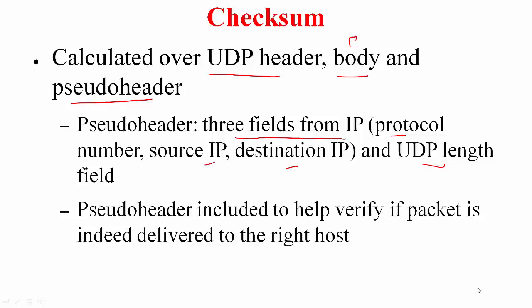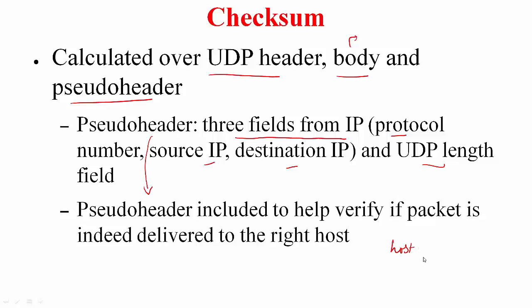So why is this done like this? You basically want to include the pseudo header to ensure that this particular packet is delivered to the right host. What if some intermediate router changed the destination IP address and recalculated the IP checksum and passed it? So this packet is finally going to come to this particular host, which is not the correct destination.